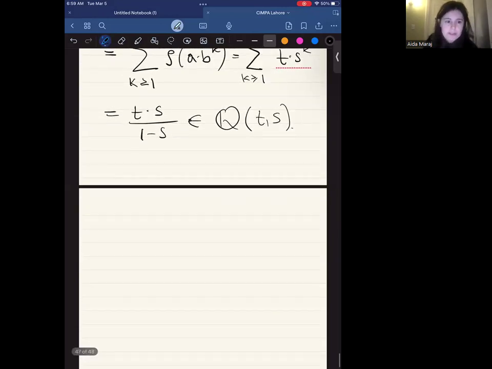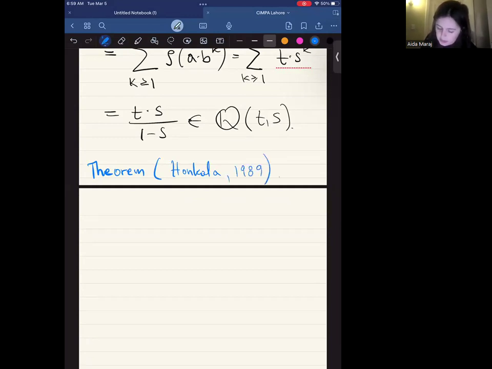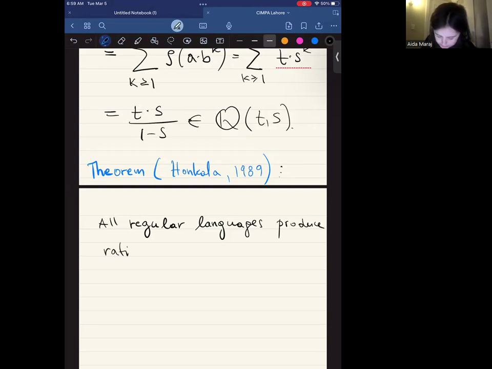And so the theorem, in 1989, says that all regular languages produce rational generating functions.